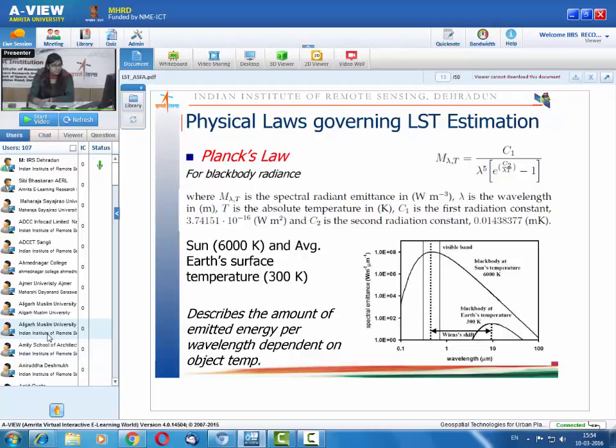In the graph, the x-axis is from 0.1 to 100 micrometer, and the average wavelength for Earth is 9.7 micrometer. So for Earth, the average wavelength at which its temperature can be measured is 9.7 micrometer. We can easily understand that within 3 to 14 micrometer, all the elements on Earth can be measured.